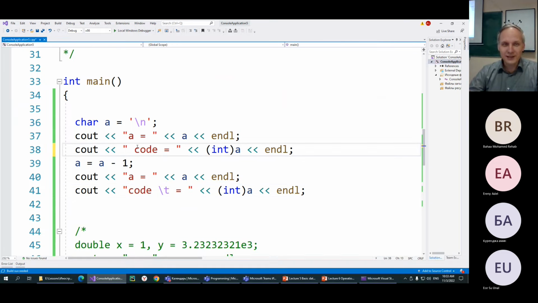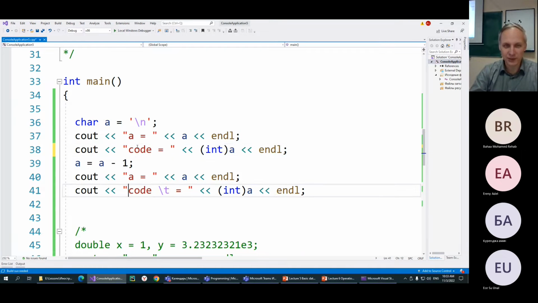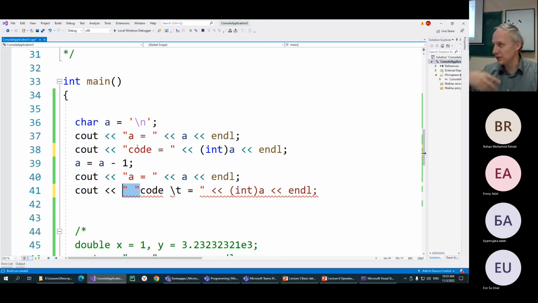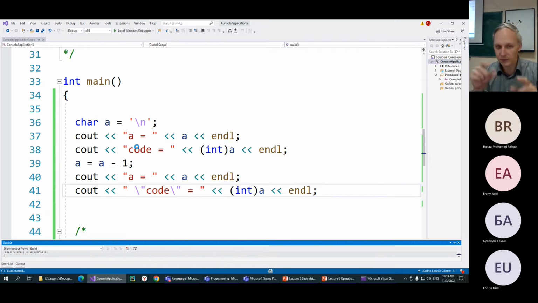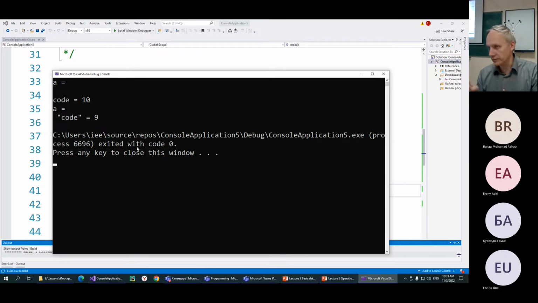Because if I try to type a quote here, this quote will be considered as the end of the string that I want to output to the screen. To output the quote to the screen, I should use this symbol, \quote. Now the word quote will be in quotes.